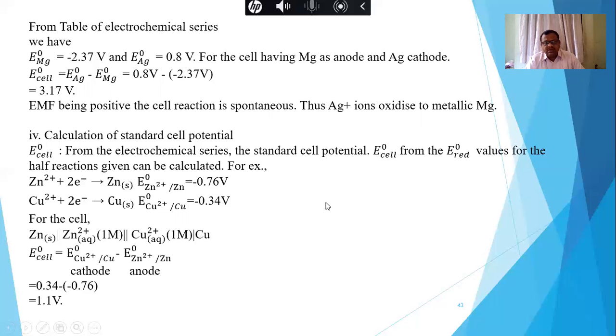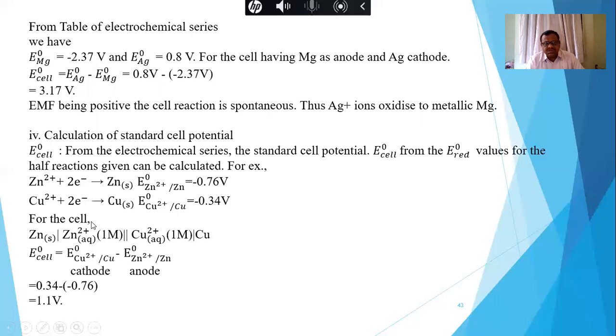For example, suppose we have a reaction that is Zn2 plus plus 2 electrons gives Zn, and the EMF is given as E standard Zn2 plus upon Zn is equal to minus 0.76 volt. And for the second reaction, Cu2 plus plus 2 electrons gives Cu solid. The standard potential is E standard Cu2 plus upon Cu is equal to 0.34 volt.